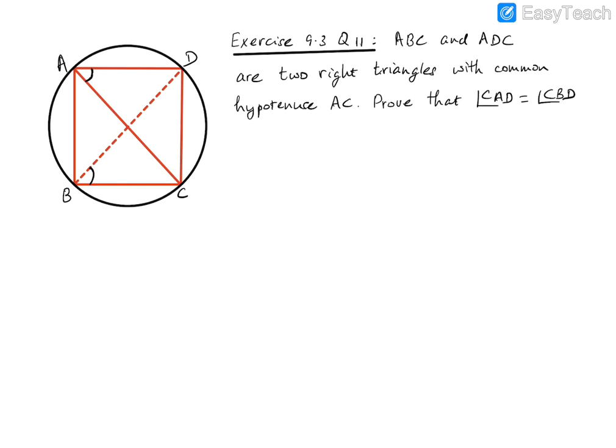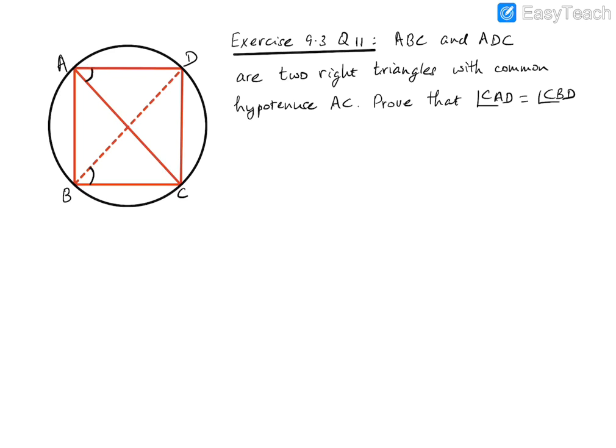So question number 11, we are given that ABC and ADC are two right triangles. So that means these are right angle triangles. So we have a triangle ABC, which is the triangle on the left here, and then we have another triangle ADC, the upper triangle over here.